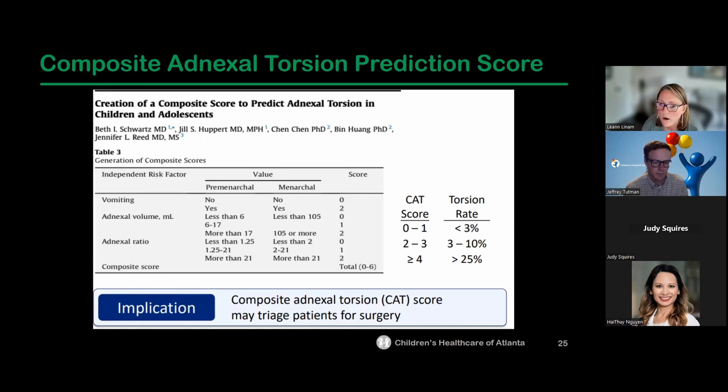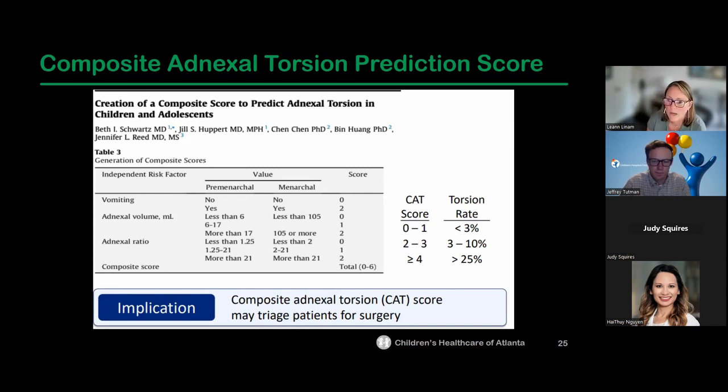The first one is vomiting. The second one is adnexal volume. And the third one is adnexal ratio. So they looked at their score, and they found that a score greater than or equal to 4 had greater than 25% rate of torsion.